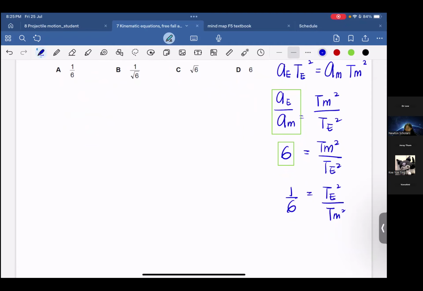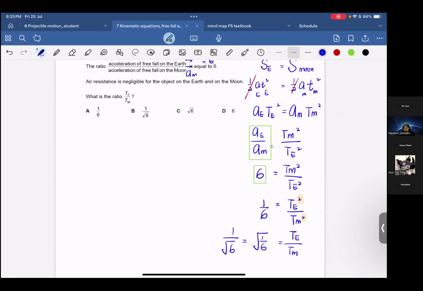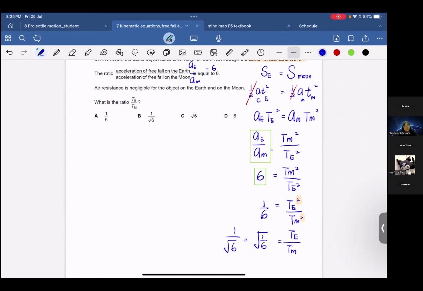Fawal? Correct. So here, don't forget about the square. It will become square root of 1/6, or we say 1 over square root 6. Okay, this is the working step. Answer will be B.